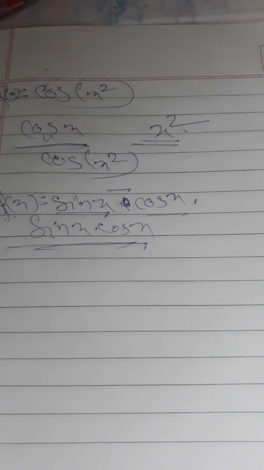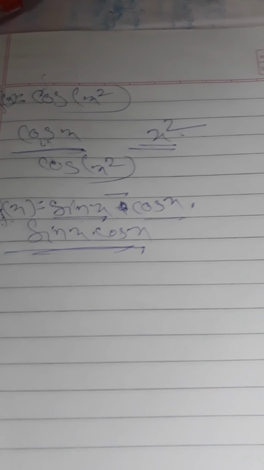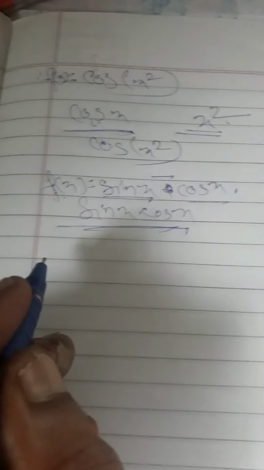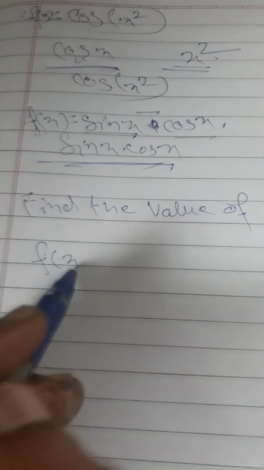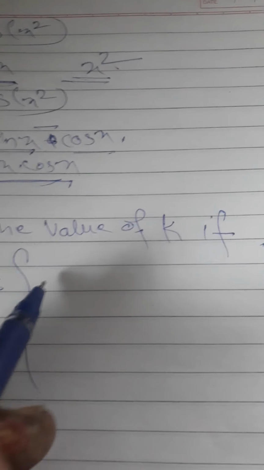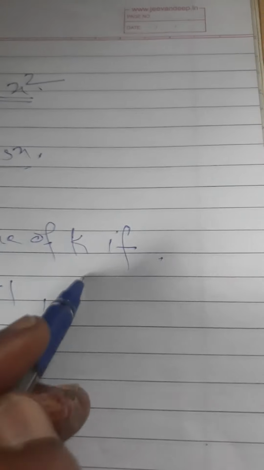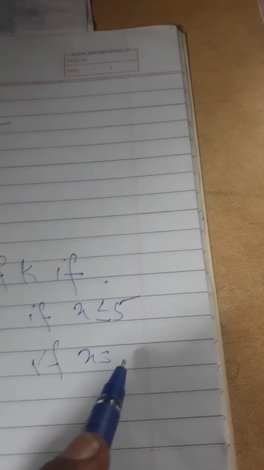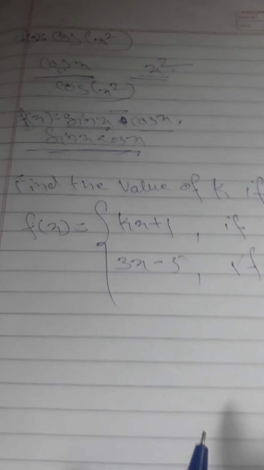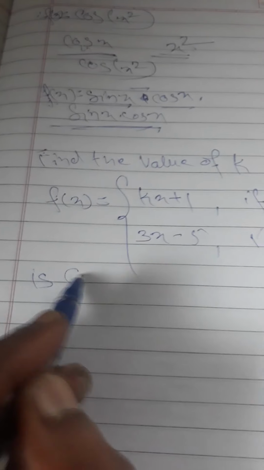The first example is: find the value of k if f of x is equal to kx plus 1 if x is less than or equal to 5, and 3x minus 5 if x is greater than 5, at x equal to 5, if it is continuous.